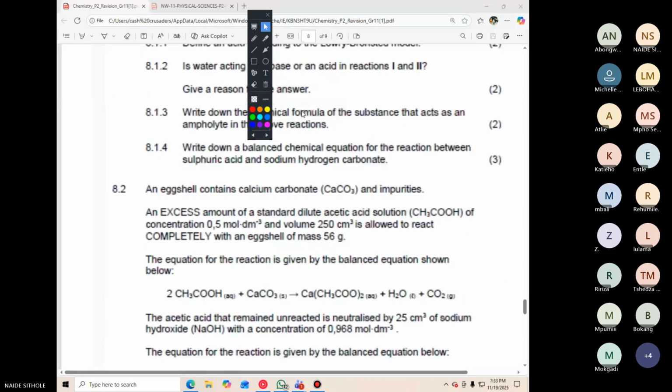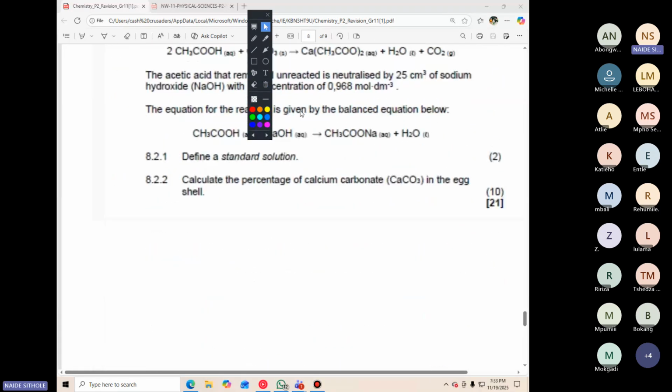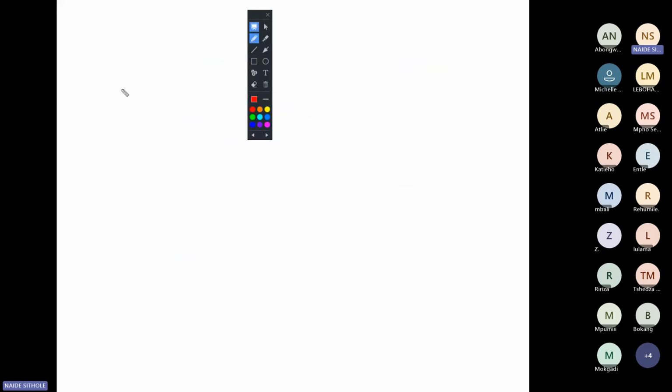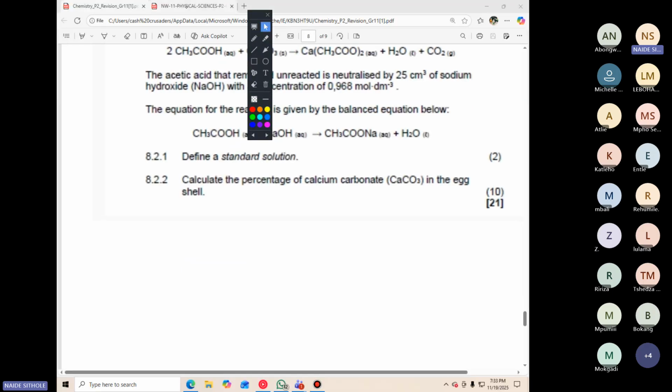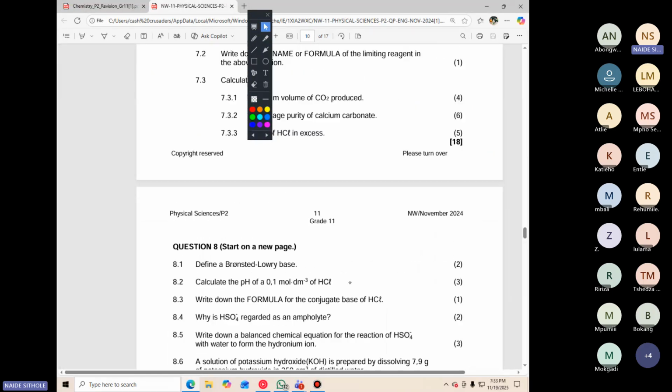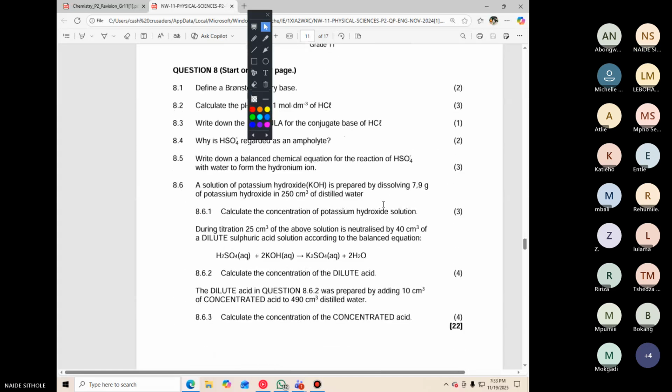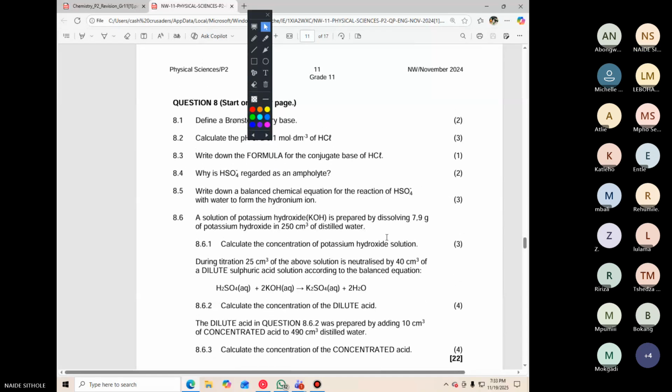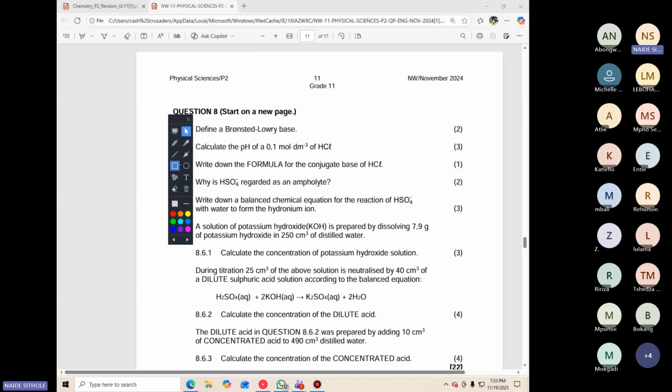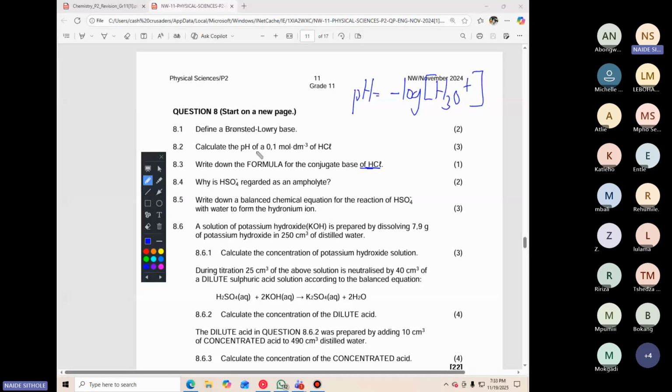Okay, so if there'll be a question whereby they want you to calculate the pH, like the one that we did there, was it on this paper? Yes, the pH. Note that the formula for pH is also given in your formula sheet. It's negative log H3O plus, right? So if you are given an acid, just simply take the concentration of that acid.